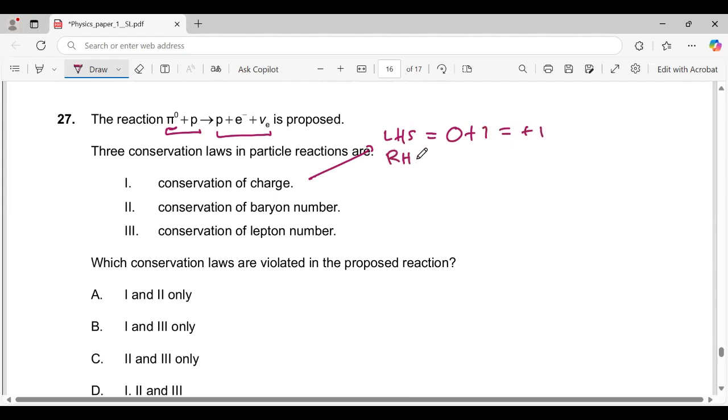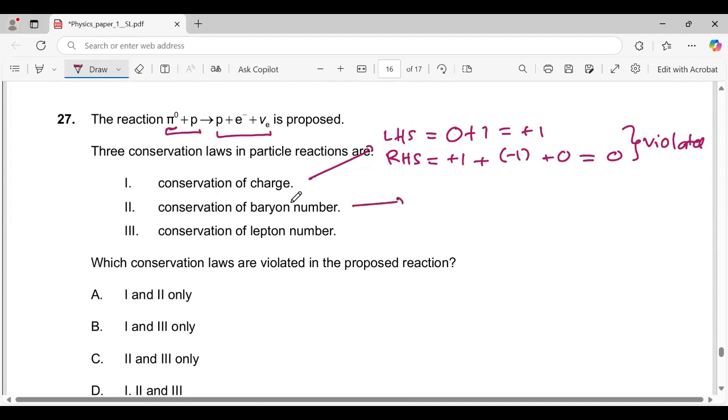The right hand side has total charge plus one, plus minus one, plus zero, which equals zero. So charge conservation is violated, because they are unequal.